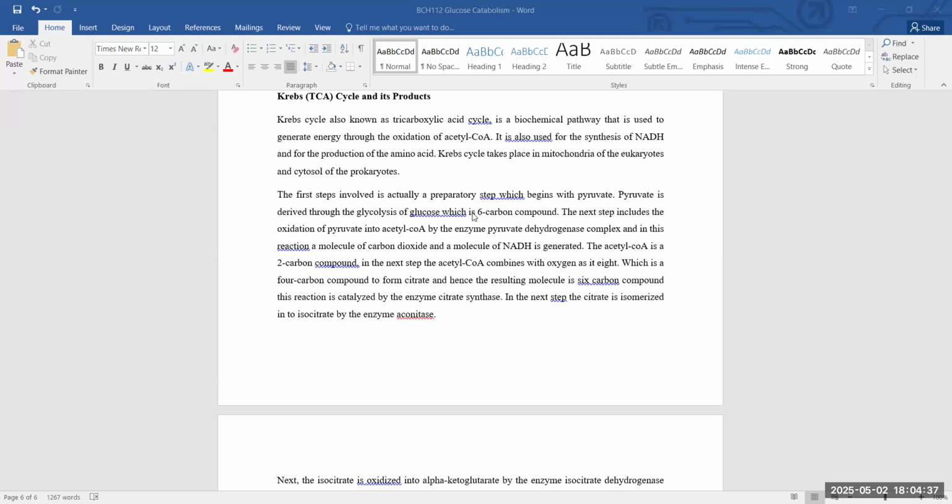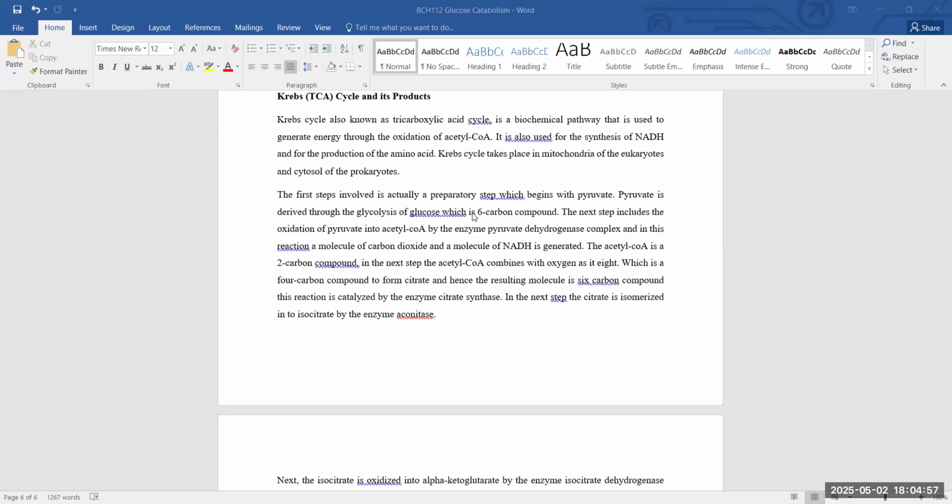So the glycolytic pathway is only meant to prepare the starting material for the TCA cycle. So pyruvate is derived through glycolysis, that is, from the breakdown of glucose to pyruvate.